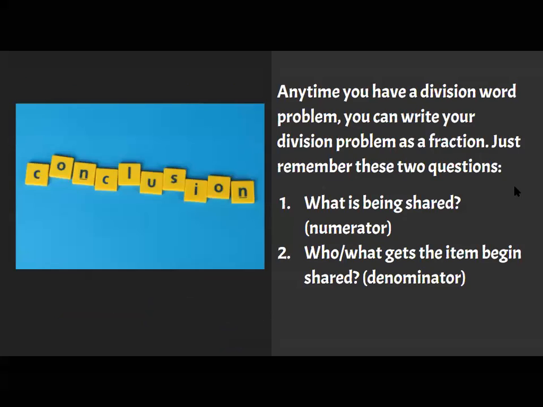So in conclusion, anytime you have a division word problem, you can write your division problem as a fraction. Just remember these 2 questions. Question 1, what is being shared? Once you go back to that problem and find the item that is being shared, that is going to be your numerator. Question 2, who or what gets the item being shared?